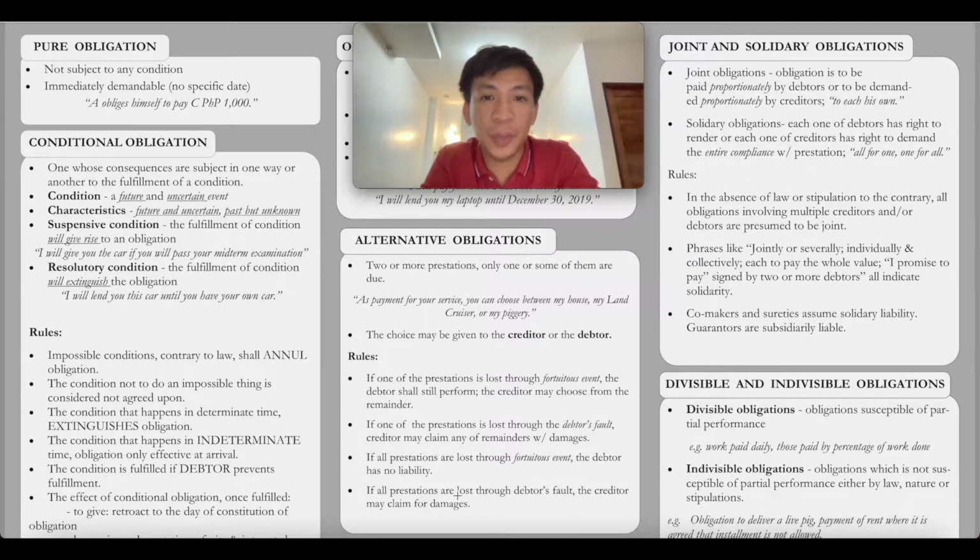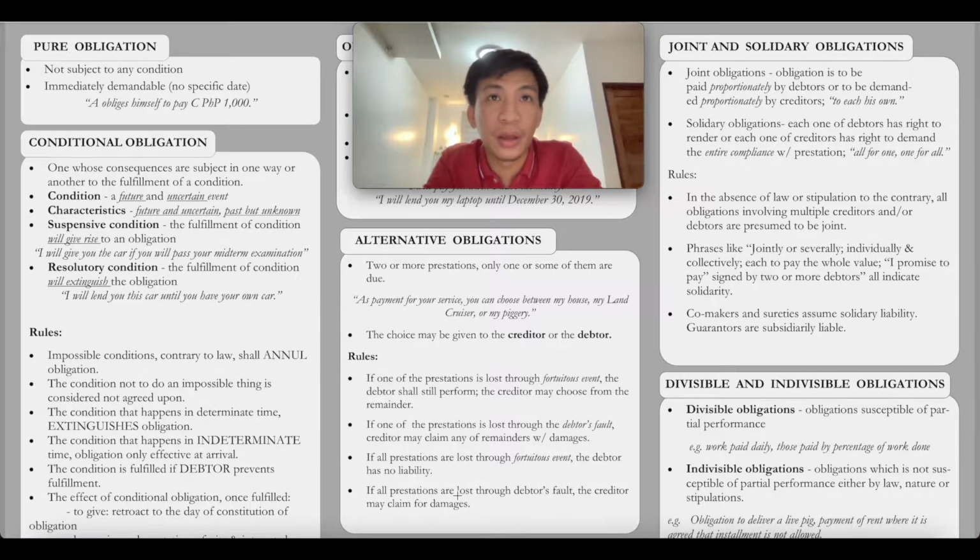So, a suspensive condition is when the fulfillment of the condition will give rise to an obligation. I repeat, it is when the fulfillment of the condition will give rise to an obligation. Kumbaga, once the condition happened, kung nangyari na yung kondisyon na tinutukoy natin dito, magkakaroon na ng obligation yung debtor.